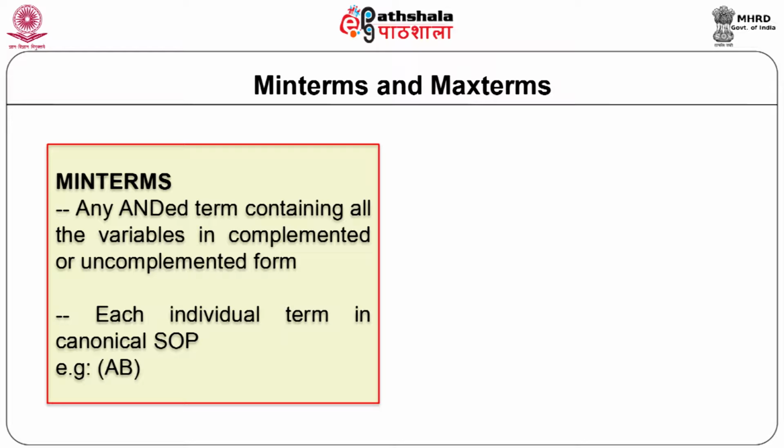In general, for n input variables, the number of min terms is equivalent to the total number of possible input combinations, which would be 2 raised to n. Each min term is denoted by lowercase m with a subscript j, where j is the decimal equivalent of the min term's corresponding binary combination.